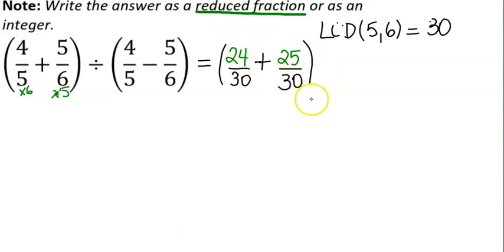For my luck, the other fraction is exactly the same. So 4/5 corresponds to 24/30. And 5/6 corresponds to 25/30.